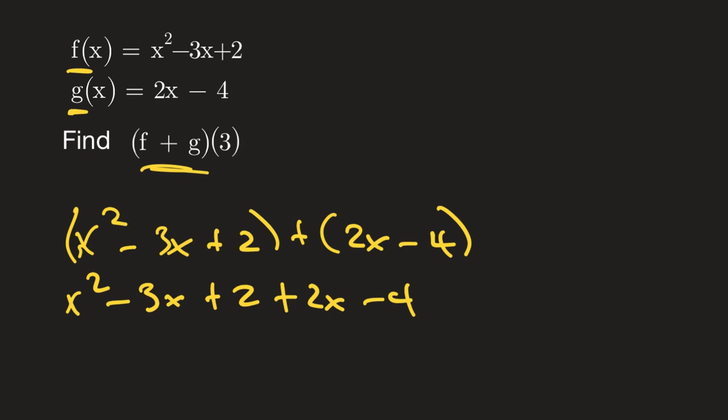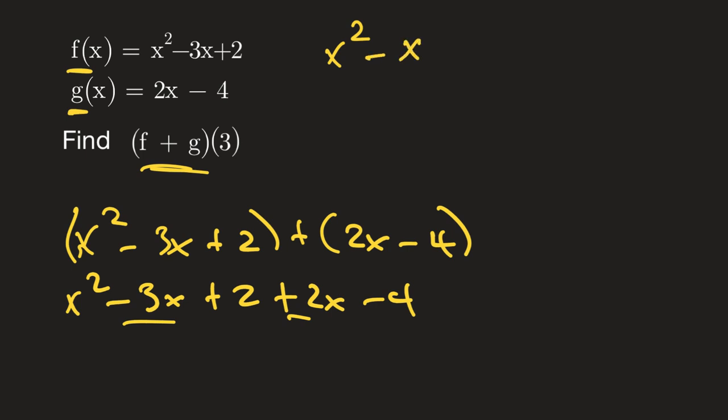Which terms up here are like? Which terms am I going to be able to combine? Negative 3x and 2x. Does everybody agree that x squared is unique? X squared is unique, so we're definitely going to have x squared. What is negative 3x plus 2x?